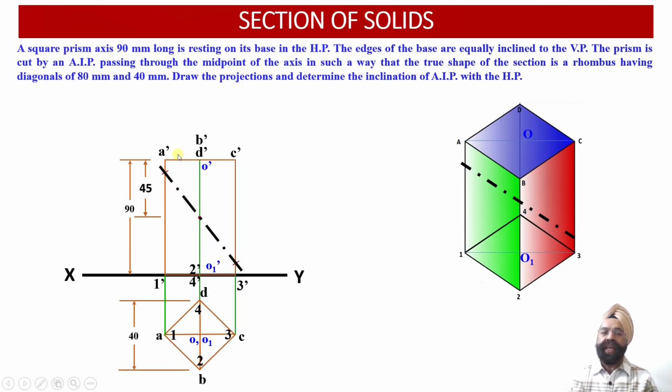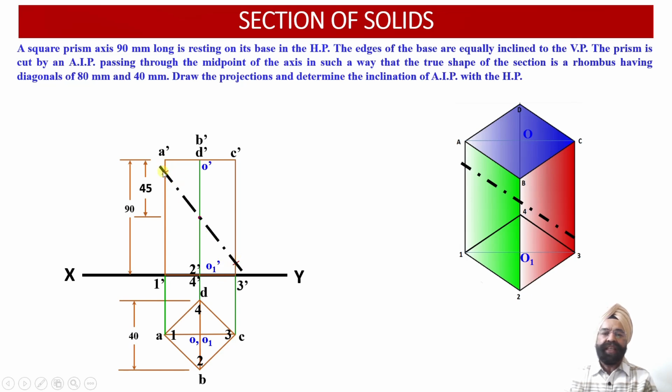So now we can see we have been able to locate the orientation of the auxiliary inclined plane, or the cutting plane, with respect to the horizontal plane. So we can measure this angle of inclination of the cutting plane with respect to the horizontal plane, and this cutting plane happens to be perpendicular to the vertical plane and inclined to the horizontal plane.